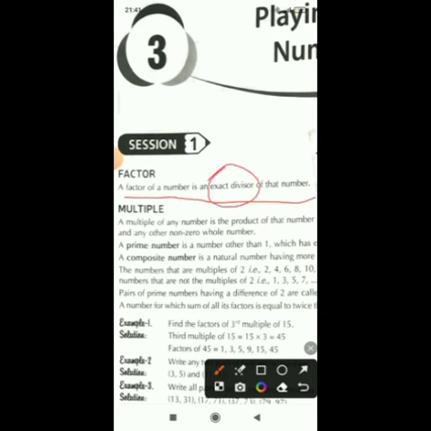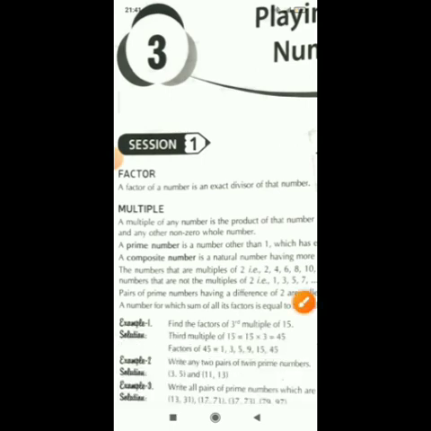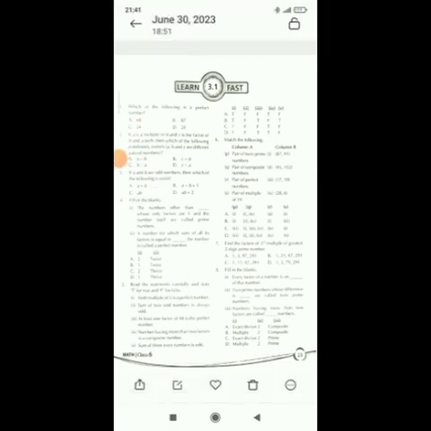Exact divisor. So, that will also fill up our blank. Let's move on. Now, two prime numbers whose difference is dash are called twin prime numbers. So now twin prime numbers are the numbers whose difference is 2. They are prime numbers.